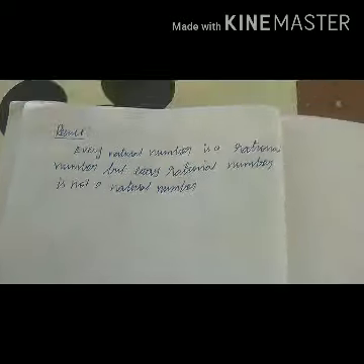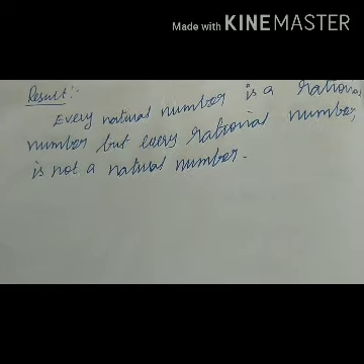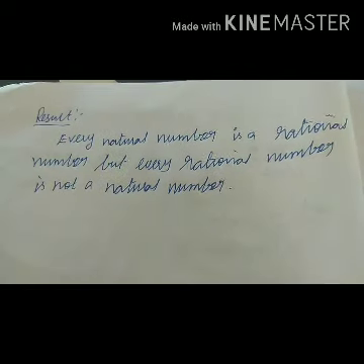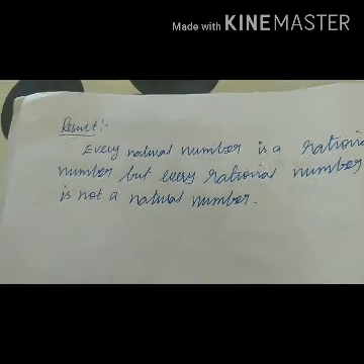Result 1: every natural number is a rational number, but every rational number is not a natural number.